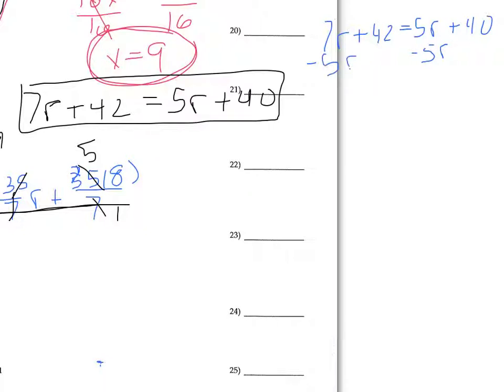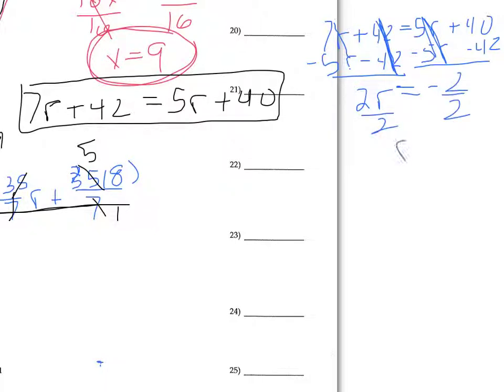And to get rid of this positive 42, I'm subtracting 42 as well. Okay, so 7r minus 5r, that's 2r. The 42's cancel, the 5r's cancel, and then 40 minus 42 is negative 2. To isolate the r, we divide both sides by 2, and we get r equals negative 1, and that right there is the answer to the problem.